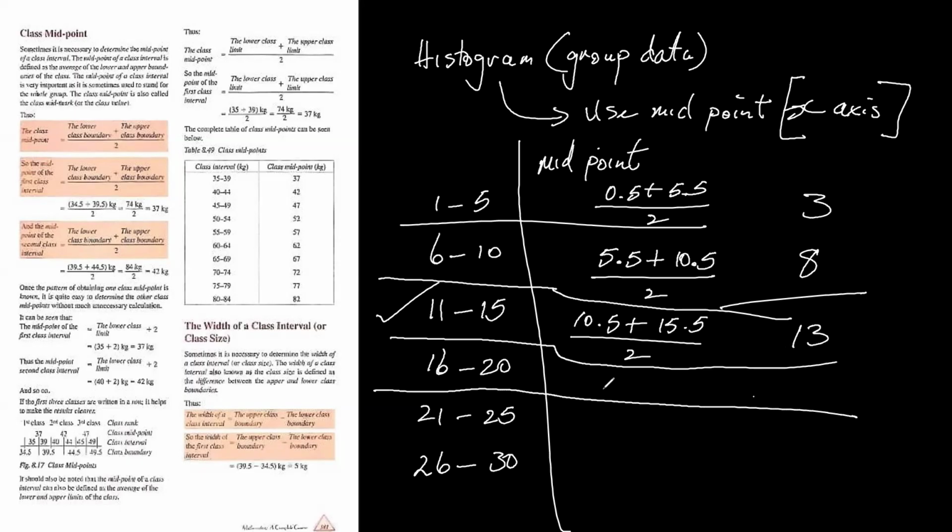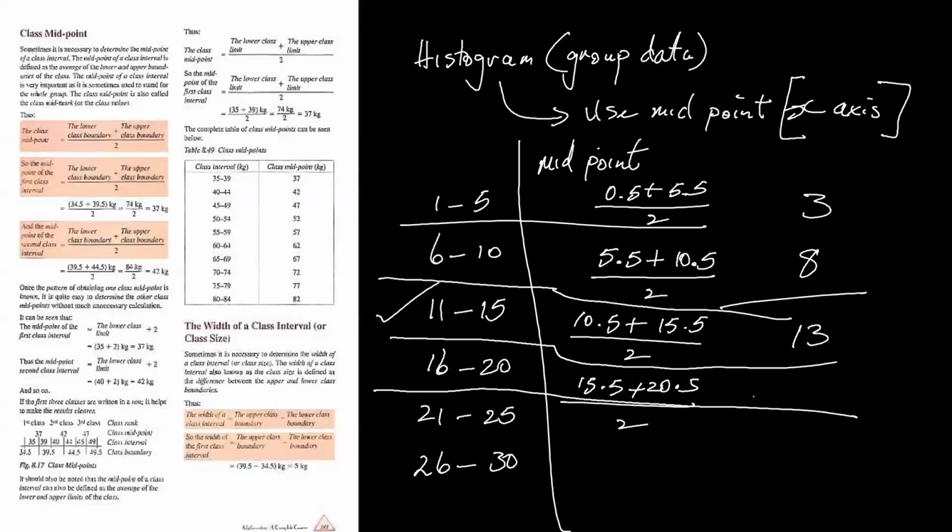Johansi, next one. So it's 15.5 plus 20.5 divided by 2. How much? 26. You're real low, real soft.